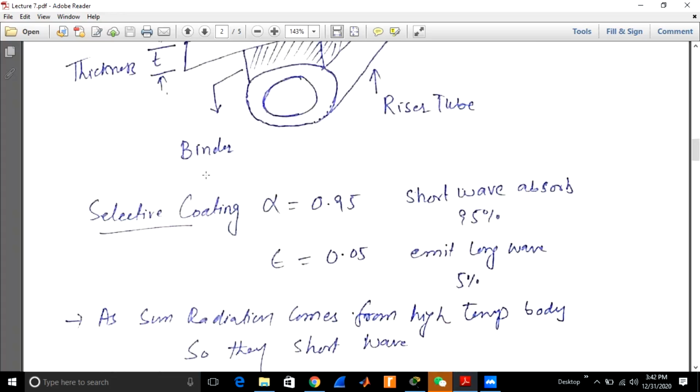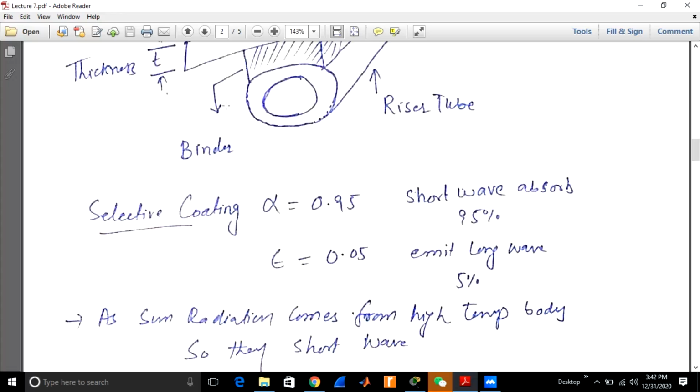It means that the rays coming from the sun to the surface of the collector coating will be 95% absorbed, and 0.05, that is 5%, will be reflected back. And its emissivity is 0.05.